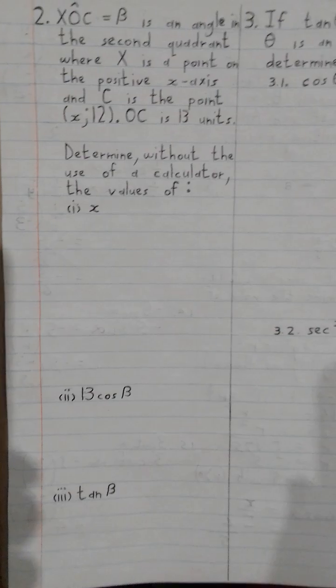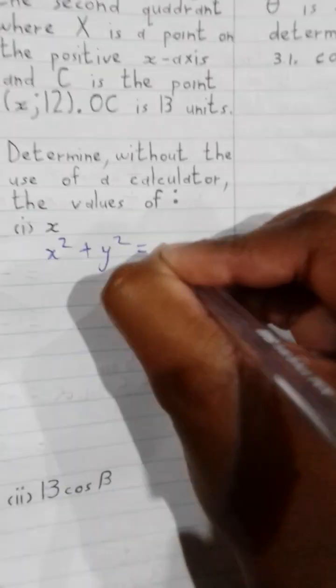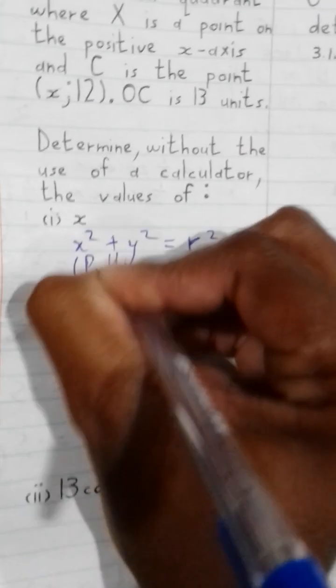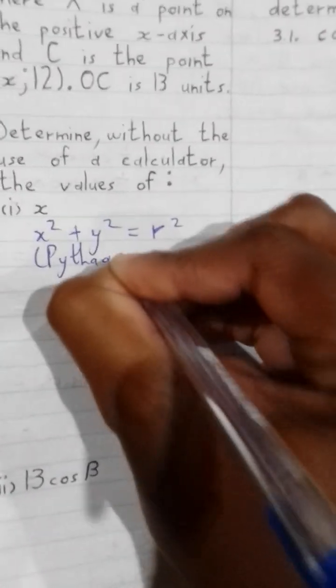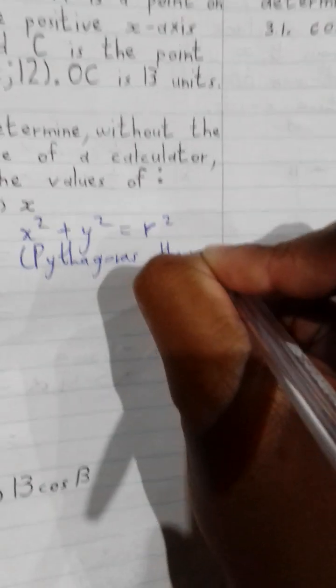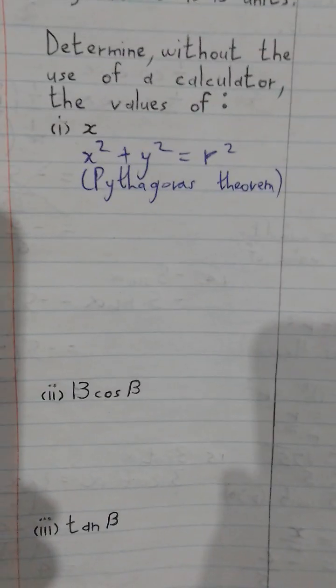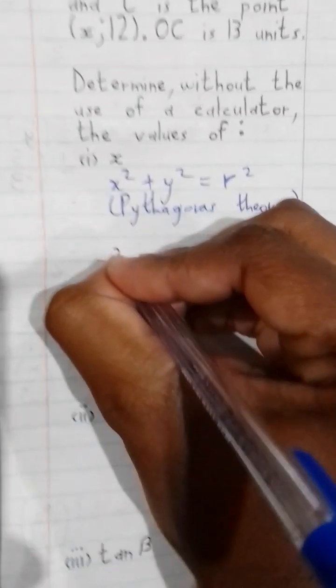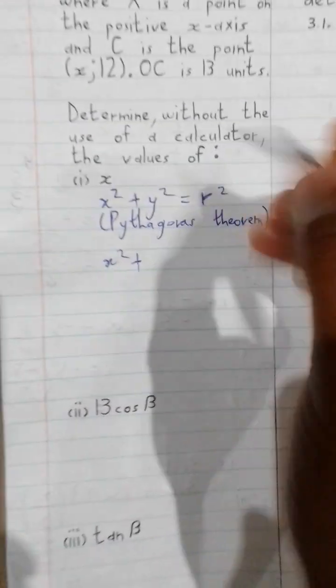Determine, without the use of a calculator, the value of x. So x squared plus y squared is equal to r squared. And this is the Pythagoras theorem. What is y? 12.